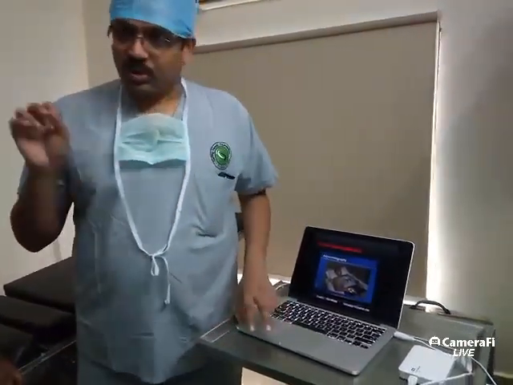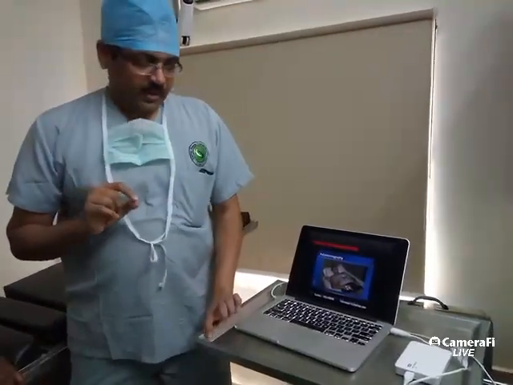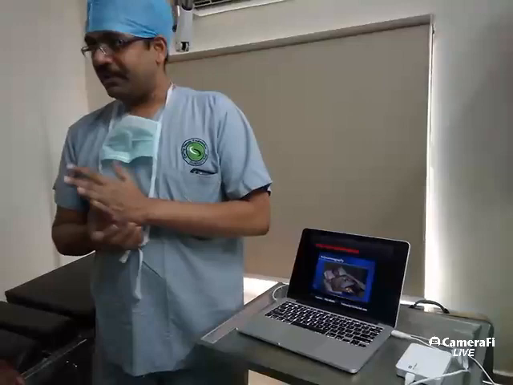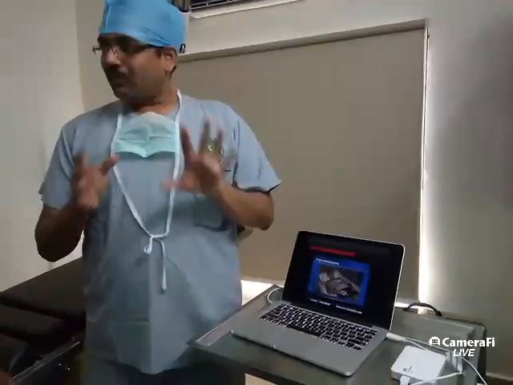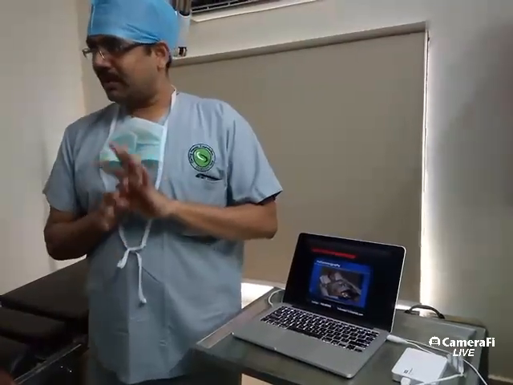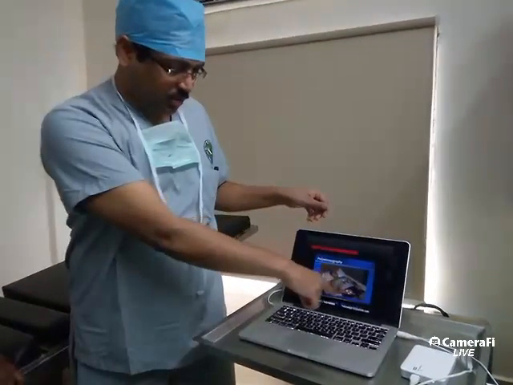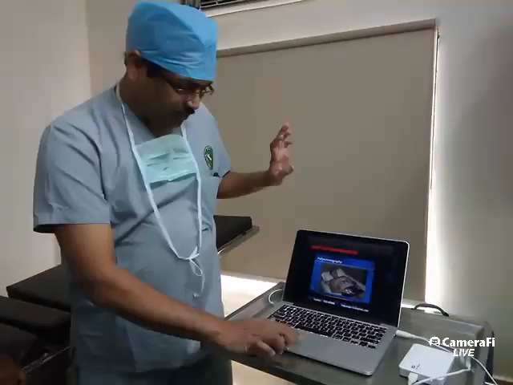Now, you also asked me what is sleep study. I have in brief told you about the levels of sleep study. If you take the level 1, that is the gold standard sleep study, we will be connecting the patient to multiple electrodes like this.